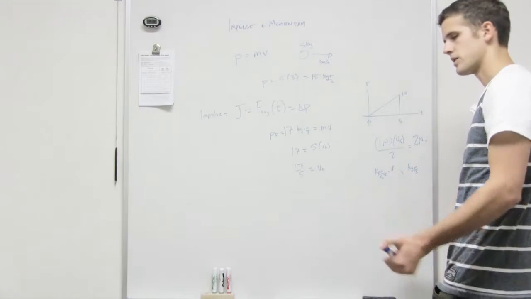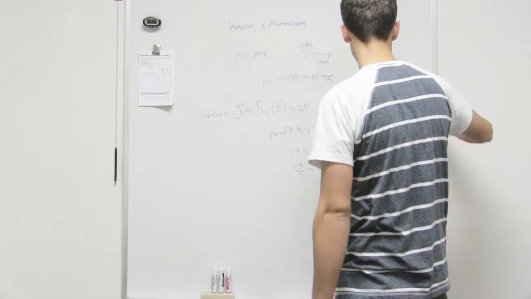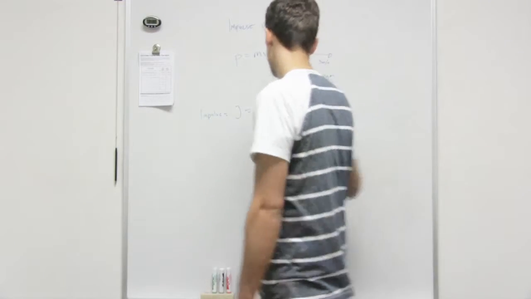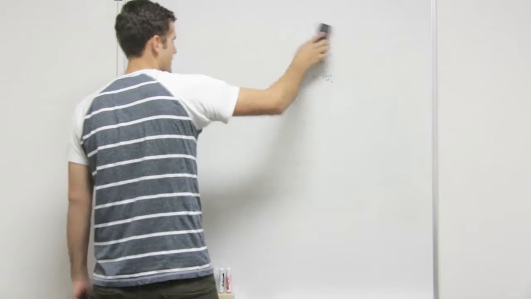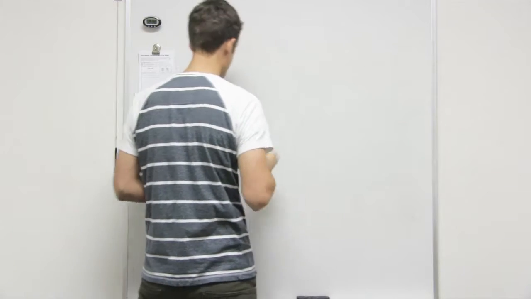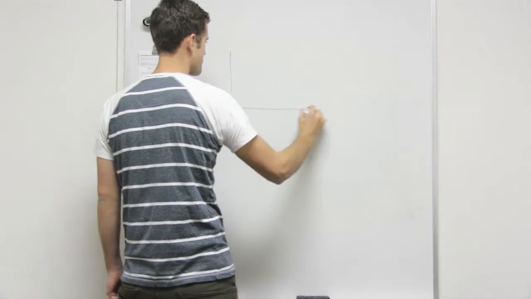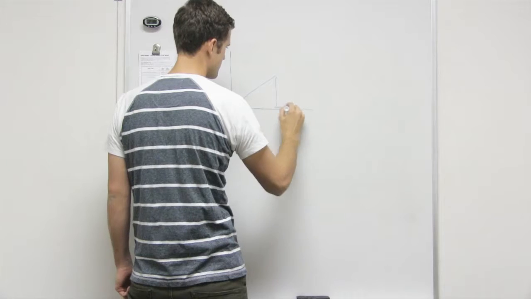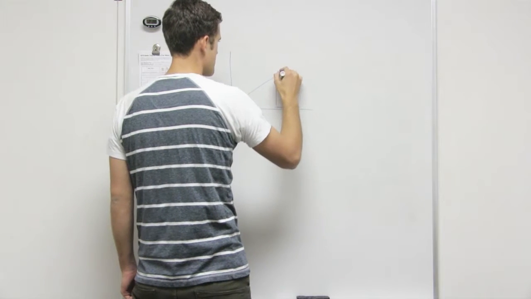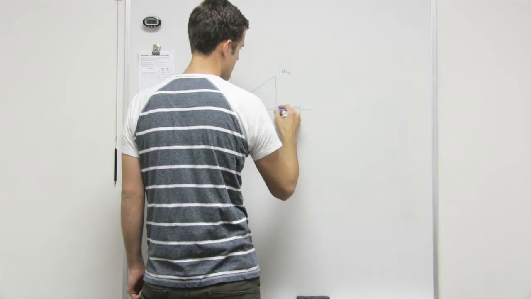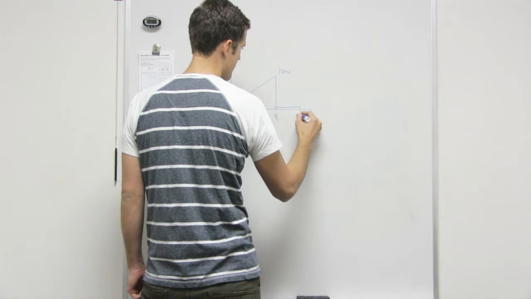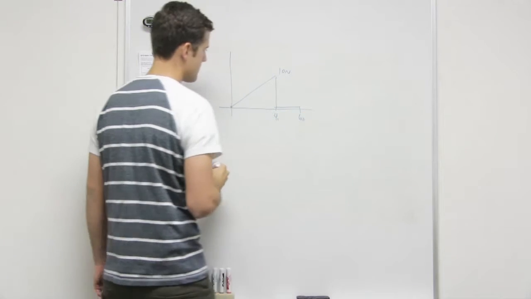Okay. So real quick, we can look at that question. First one. It's got a graph that goes for 6 seconds, right? It starts at 0 and goes up to 10 newtons by the time it gets to 4 seconds, and it drops to 0 until 6.